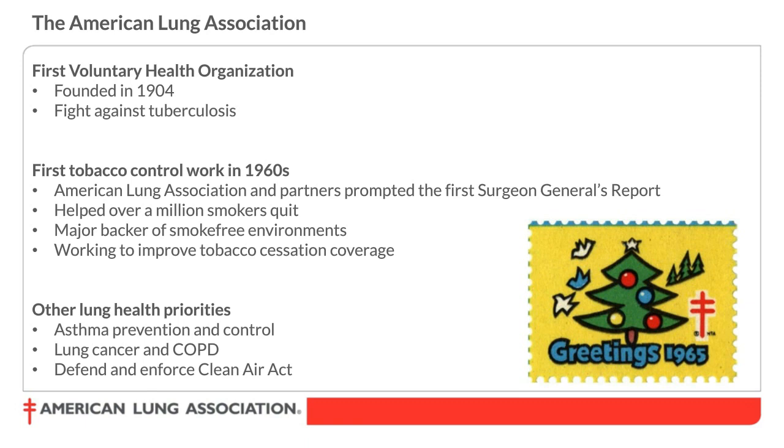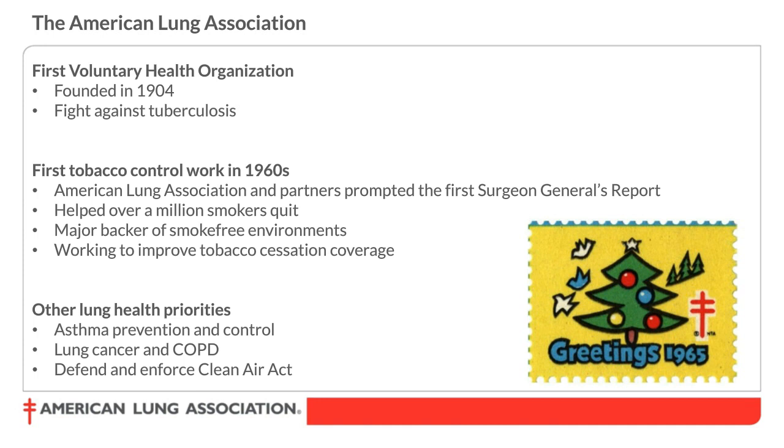The American Lung Association was first established in 1904 as the first voluntary health organization to fight against tuberculosis. In the 1960s, the American Lung Association began to establish the first tobacco control work. This work prompted the Surgeon General's first report, helped over 1 million smokers quit, was a major backer of smoke-free environments, and began working to improve tobacco cessation coverage.